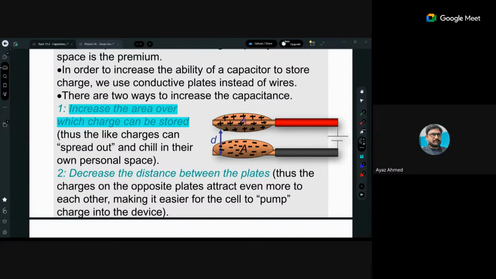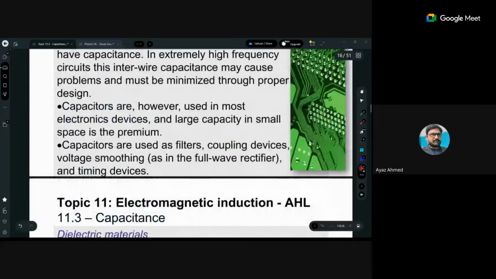Why is there a charge on one plate? That is due to the positive terminal of the battery. But why is there a charge on the other plate? Because this plate actually repels the electrons. Yes, attraction.